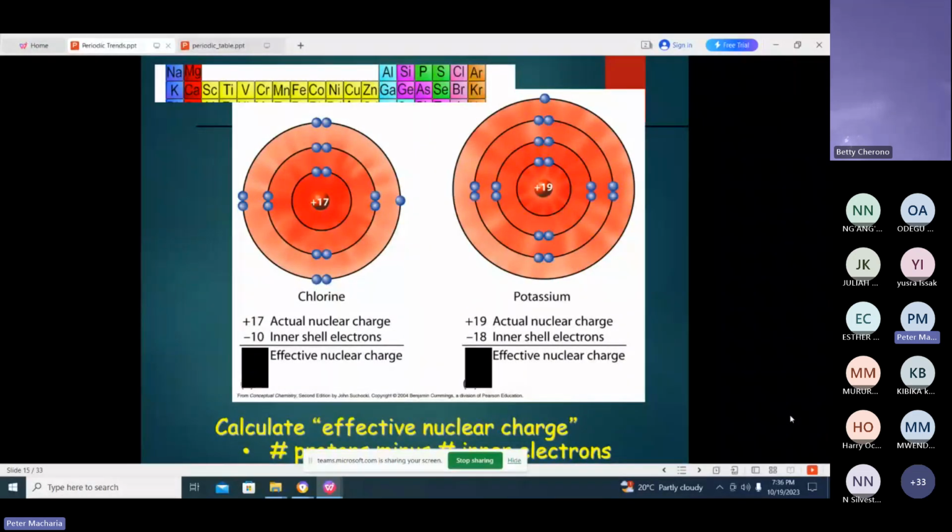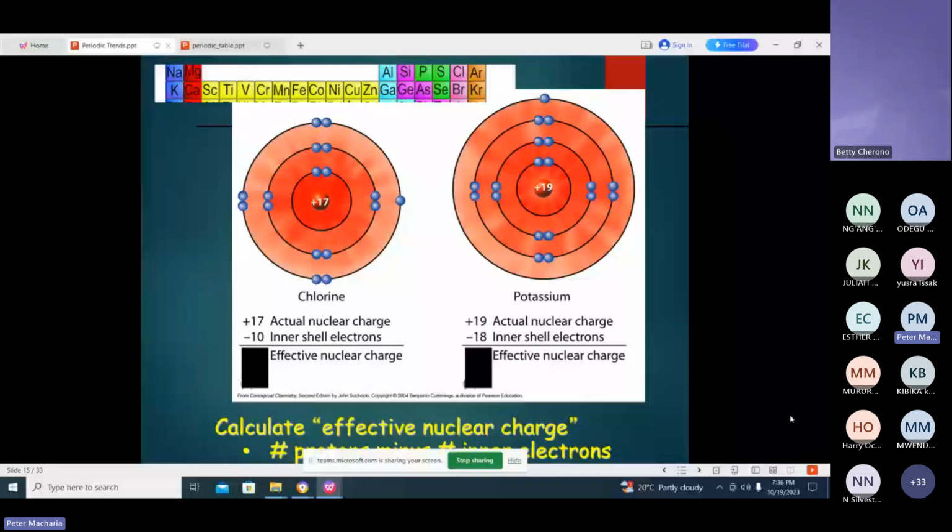So the effective nuclear attraction is usually based on the number of protons above the number of electrons in the inner shells.